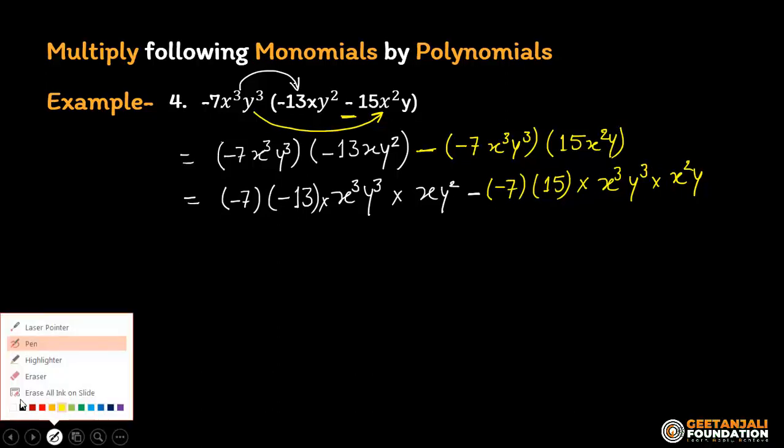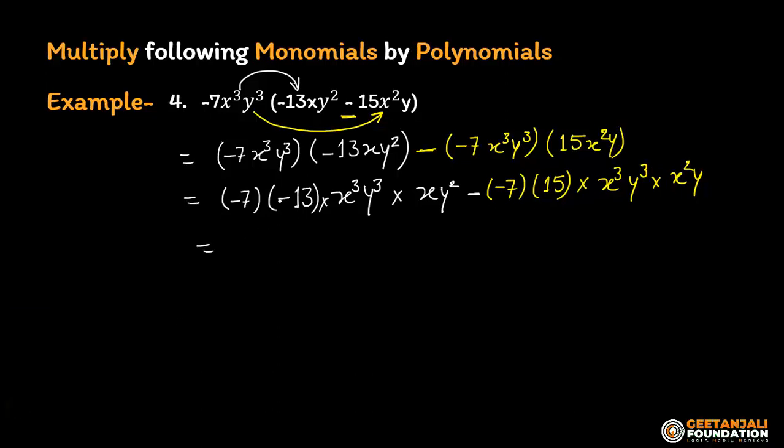Now let's simplify it further. So these two are negative numbers. When we multiply two negative numbers, the result is going to be positive. So it is going to be positive, and 13 sevens is 91. And I'm writing these variables separately because these two have the same base. So I can write it as x cubed times x. I can change their order because we can apply the commutative law of multiplication over here.